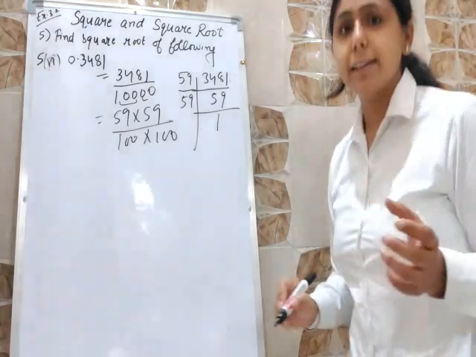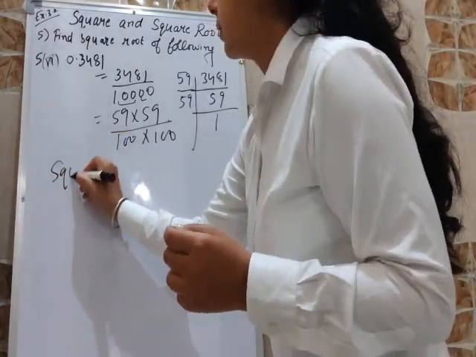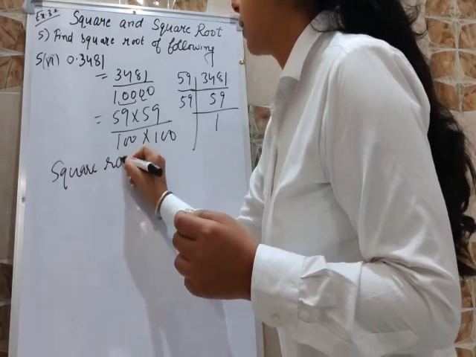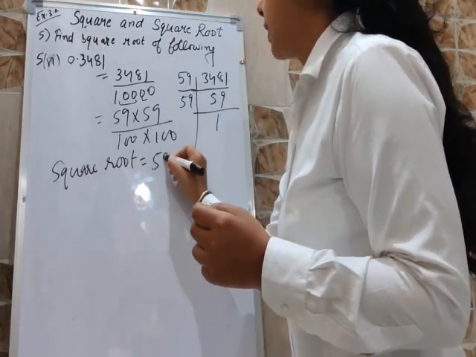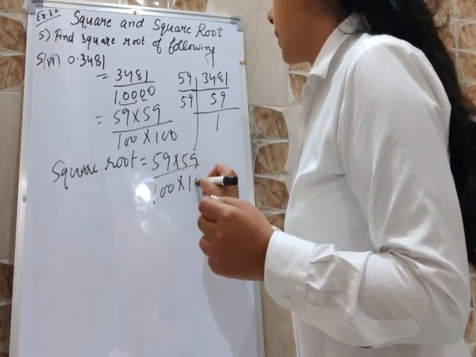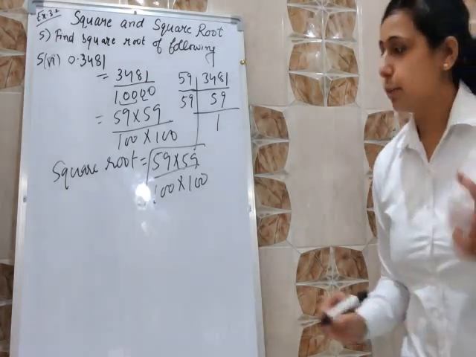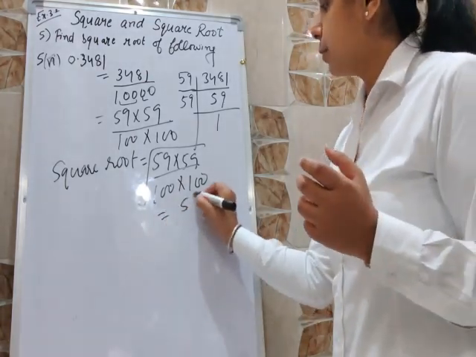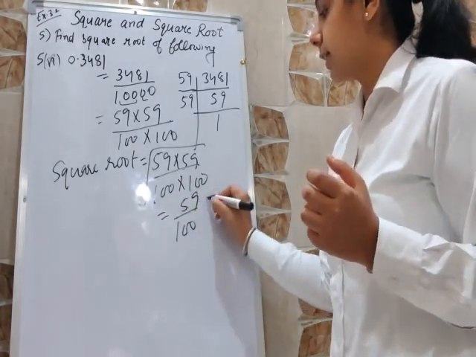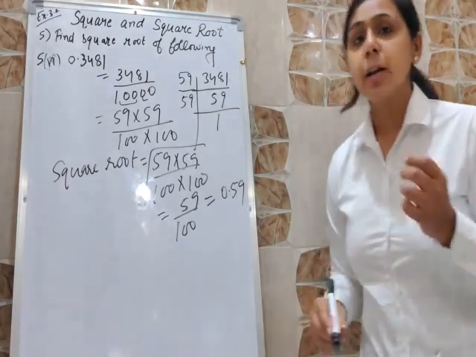Now you want to find the square root. So you can write here square root is equal to 59 multiply 59 by 100 multiply 100. So take the square here. What you will get? You will get here 59 over 100, that is 0.59.